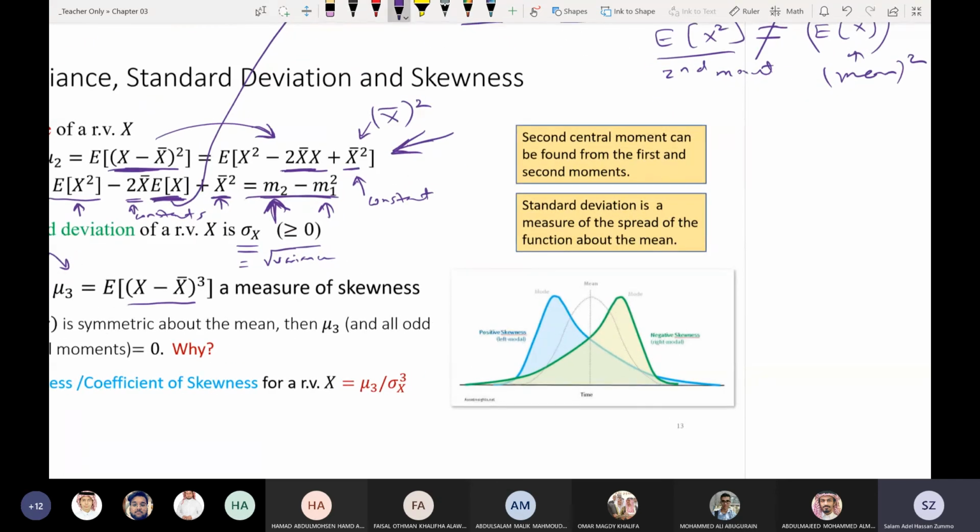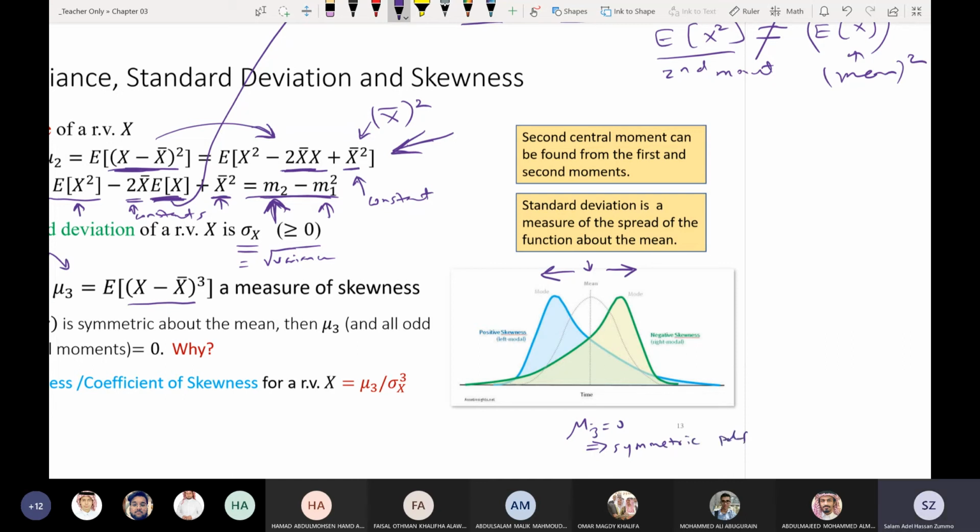the PDF is skewed to the left, skewed meaning concentrated toward the left or toward the right, or central. When mu3 equals 0, you have a symmetric PDF.